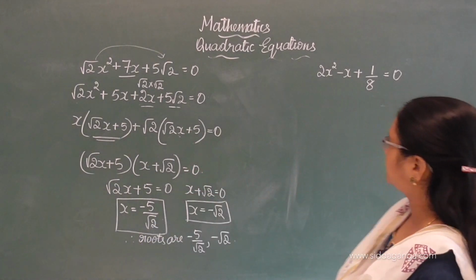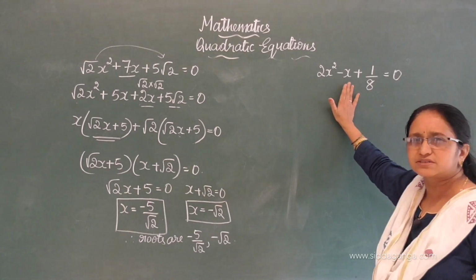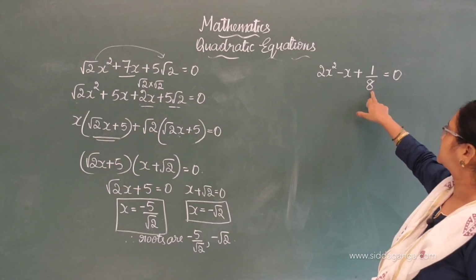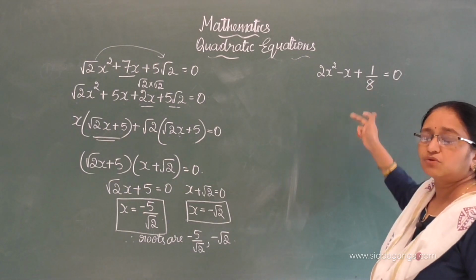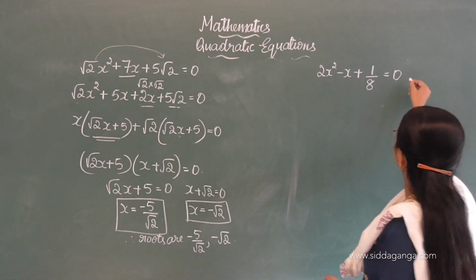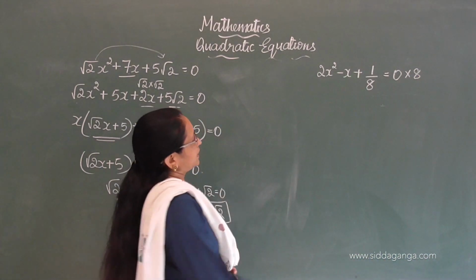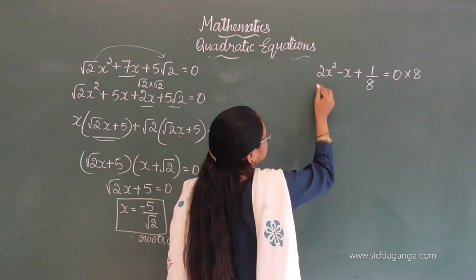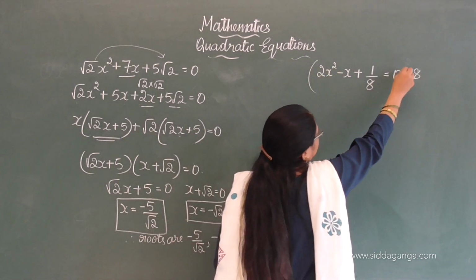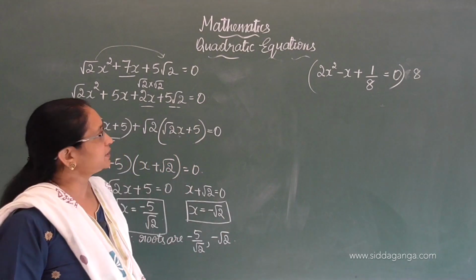Now, let us work out another problem here. See, here also it's quite a simple problem. Only thing is here 1 by 8 is there. So, how we can bring it to the standard form, you all know. You multiply this by 8. So, the whole equation you should multiply by 8.